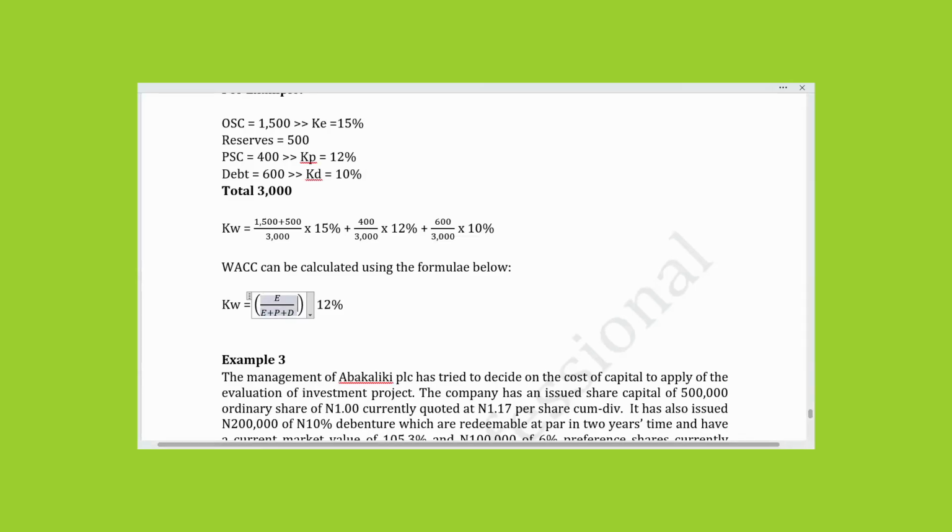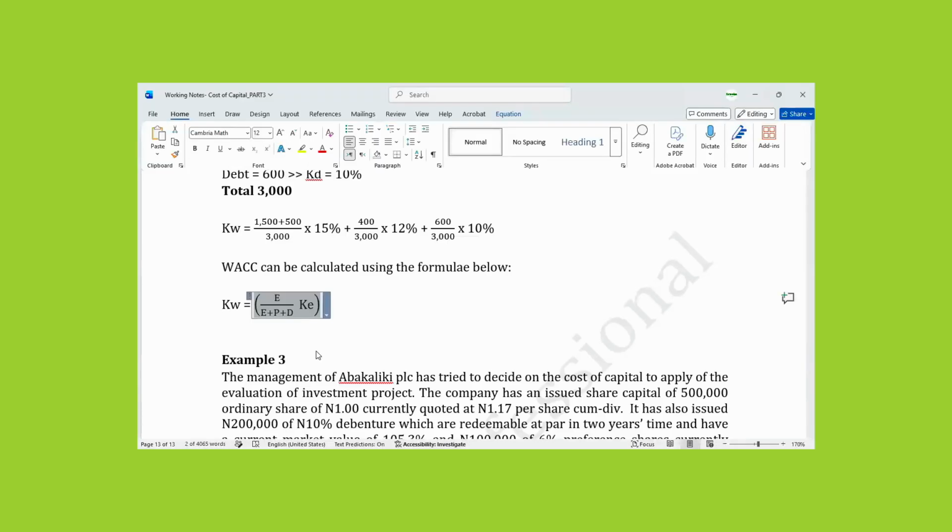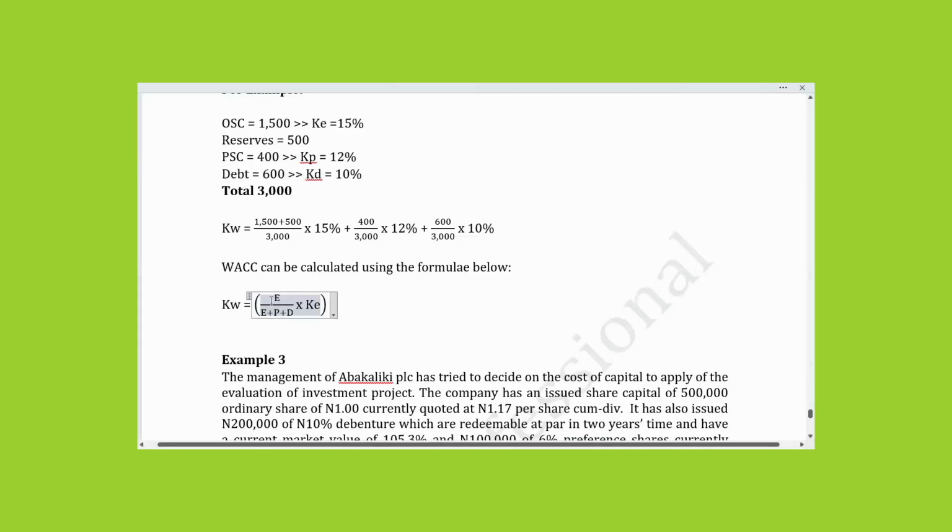Okay, then plus, let me remove slants, copy, multiply.